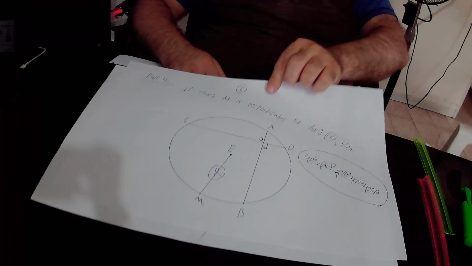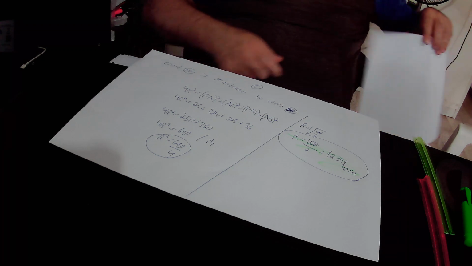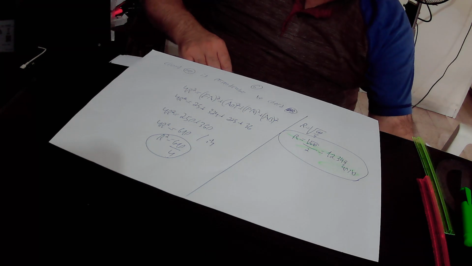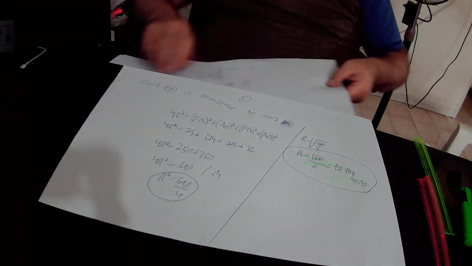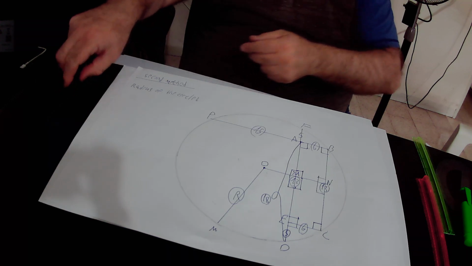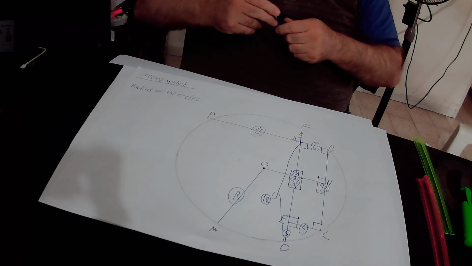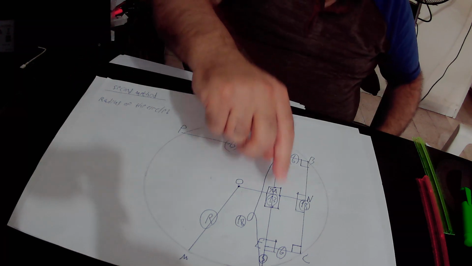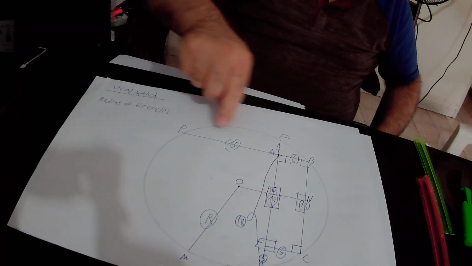Actually, we can implement this rule number 4 in our drawing. Why? Because in our drawing, we also have two chords that are perpendicular to each other. That is to say, chord FD is perpendicular to chord PB.